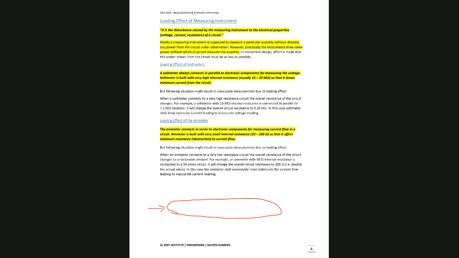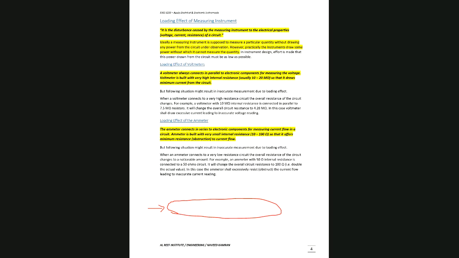Then what will happen? The circuit internal resistance is 50 ohms and your ammeter internal resistance is also 50 ohms. So it will reduce the current flow. The ammeter will have a large loading effect, so it will give you an inaccurate reading.